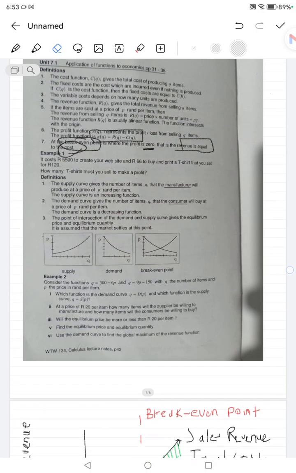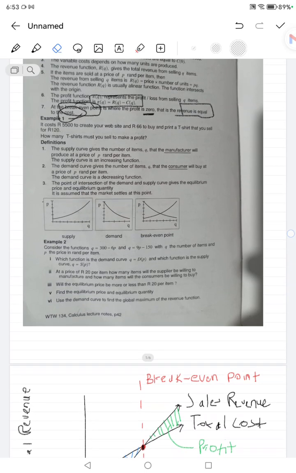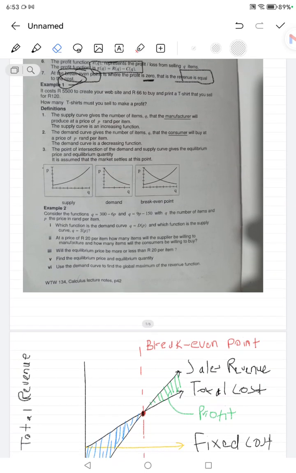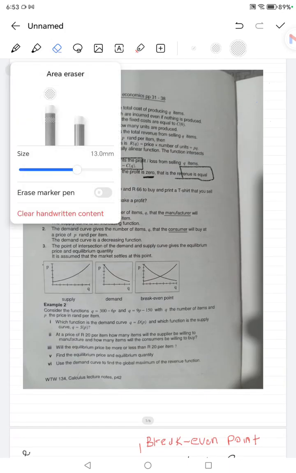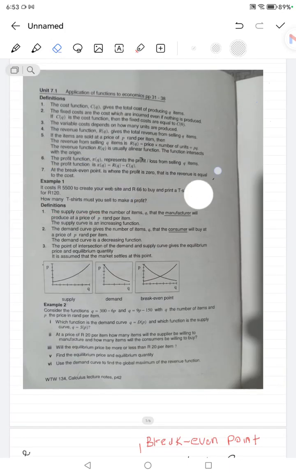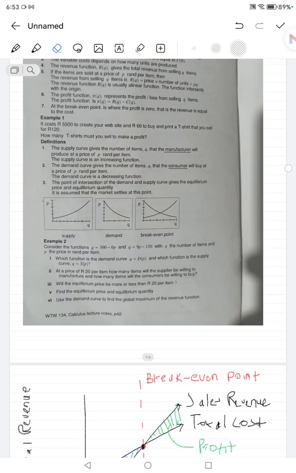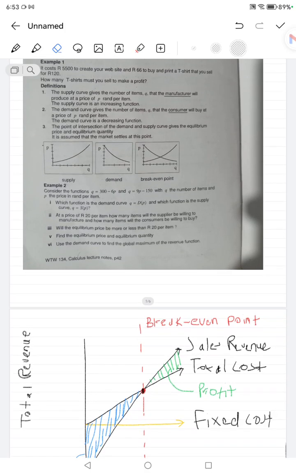We're done with that one. We want to go to example 2, your supply and demand. So here they've given you your supply and demand curves. You also have to learn to check the relationship between the supply and demand, and also the price and the quantity.